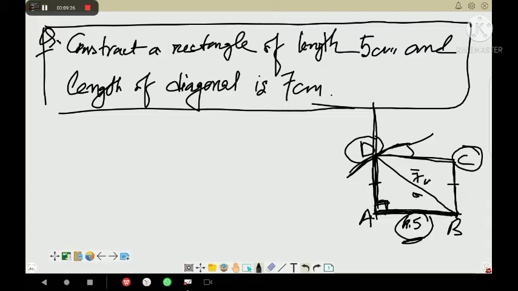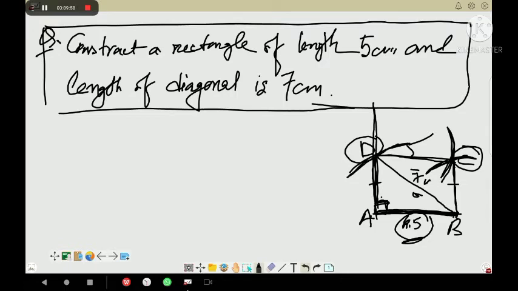That is, we draw two arcs, with radius DC and BC, with D and B as the respective centers.